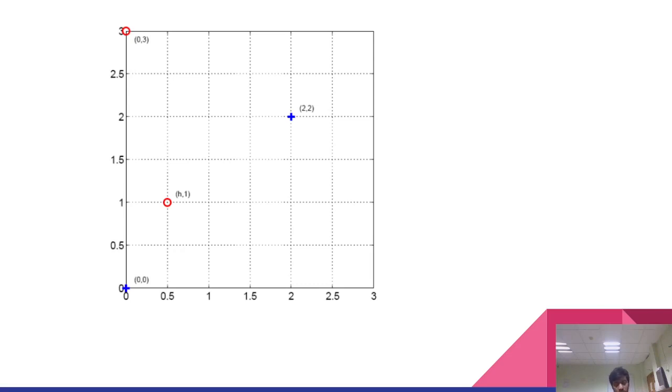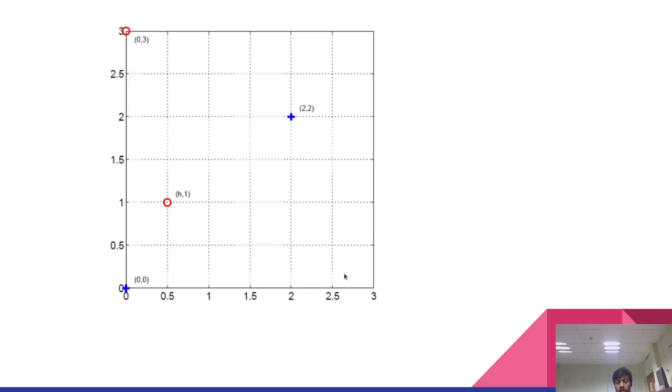Sir, h1 will be to the left of its original position, then only we can separate. Suppose we draw a line here like this. We can separate, right? Red points are above, blue points are below.